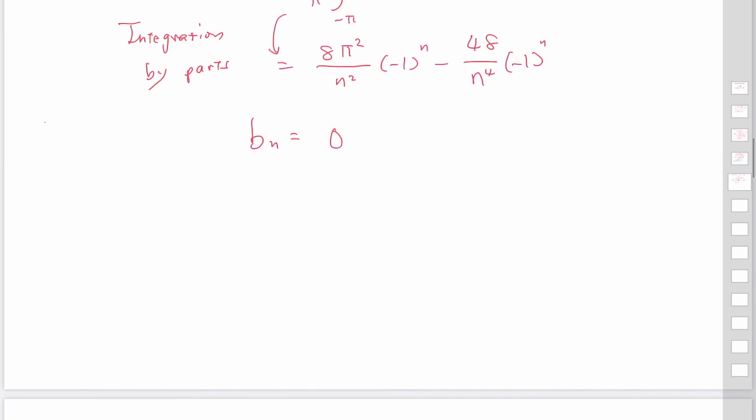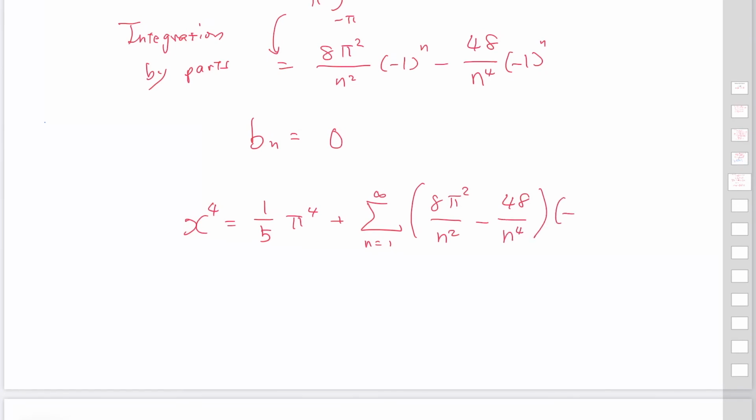So finally, we have the equation: x to the fourth equals 1 over 5 pi to the fourth plus the sum, n equal 1 to infinity, of 8 pi squared over n squared minus 48 over n to the fourth, times minus 1 to the n, cosine nx.